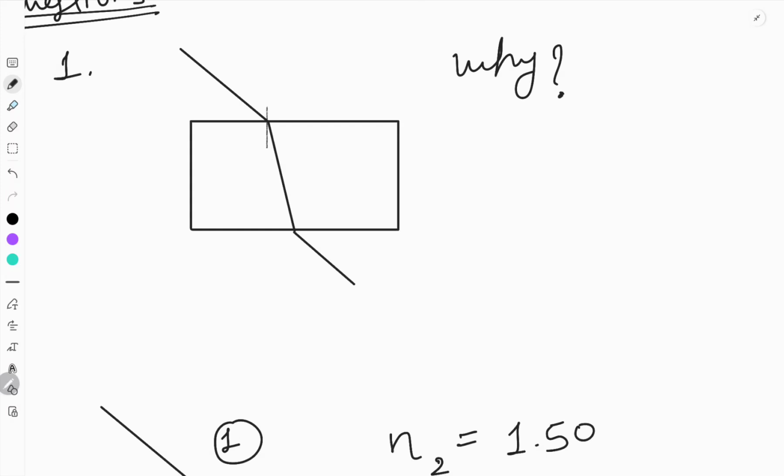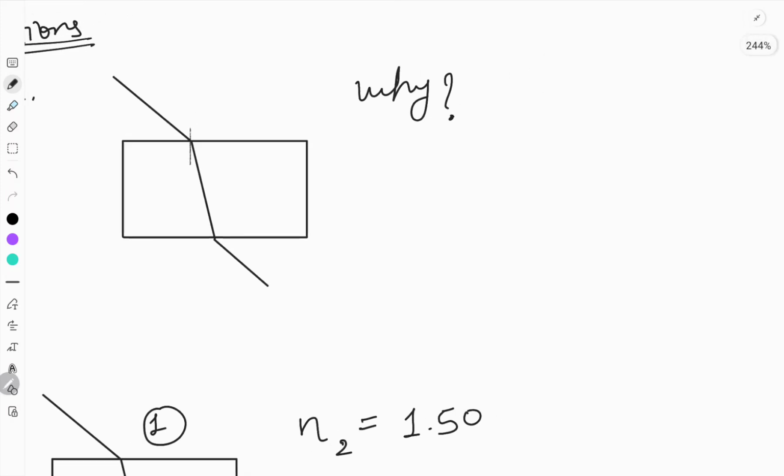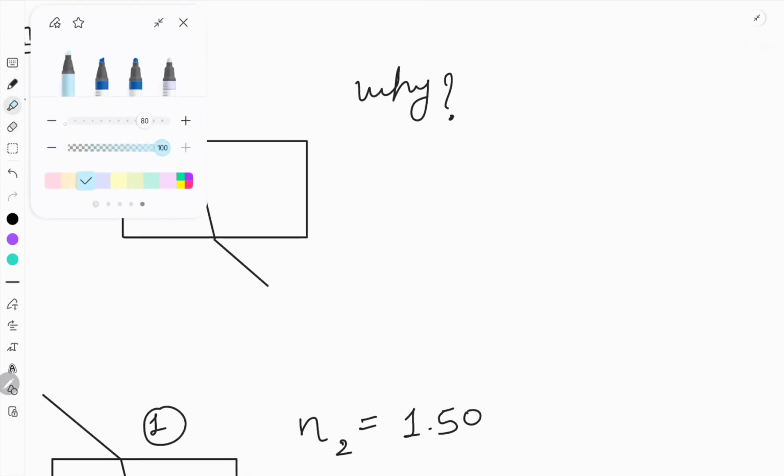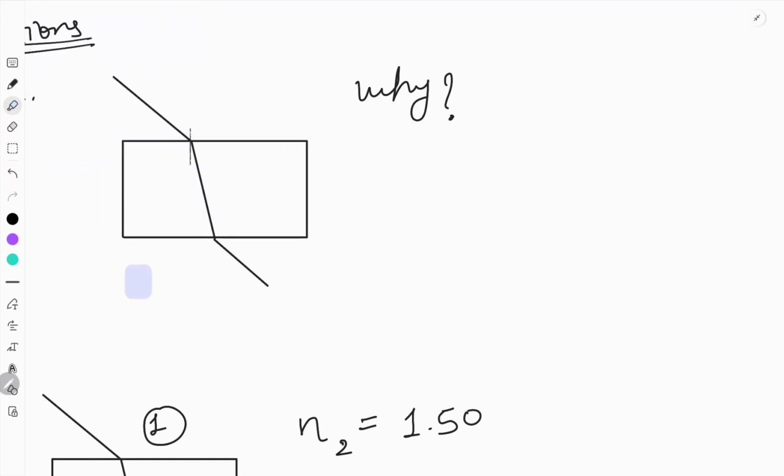Okay, but why does that happen? If we have glass here, this is glass, right? So if this is glass, then why does that happen?